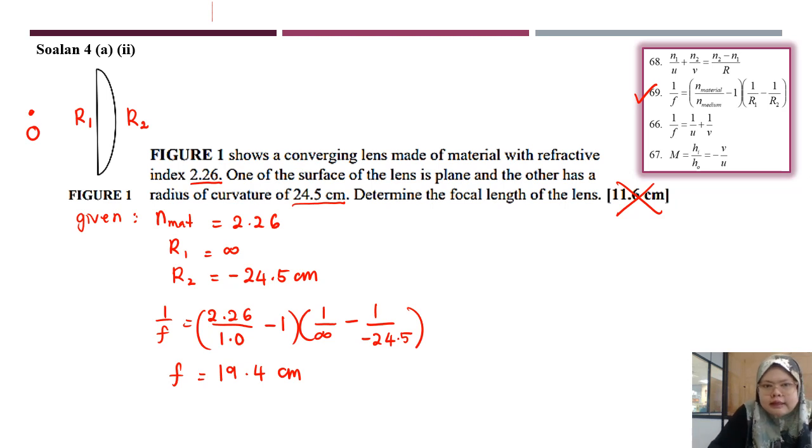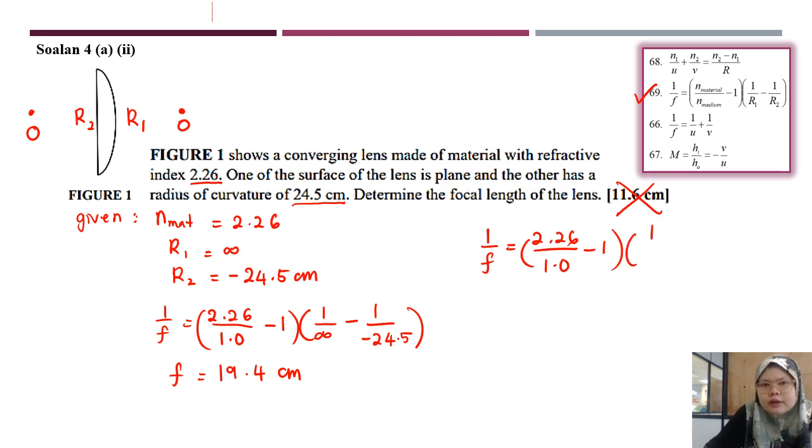But if we put the object facing R2, then when the object sits here, this is no longer R2, it becomes R1, and the other becomes R2. If I reverse it, your substitution will be 1 over F equals 2.26 over 1.0 minus 1.